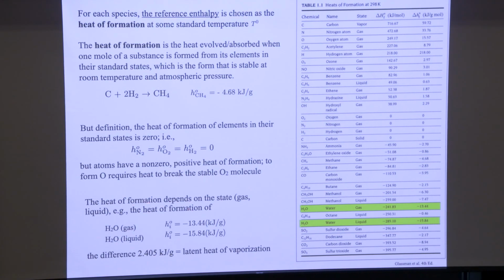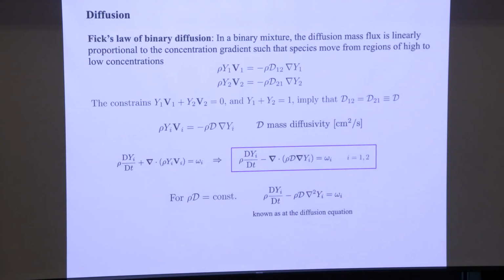Also note that the heat of formation depends on whether it's gas or liquid. So for example, for water, if you produce gas, this is the heat of formation that you can read here. For liquid, it's a little different. Of course, the difference between the two is the latent heat of vaporization of water. So there is, of course, a consistency here.